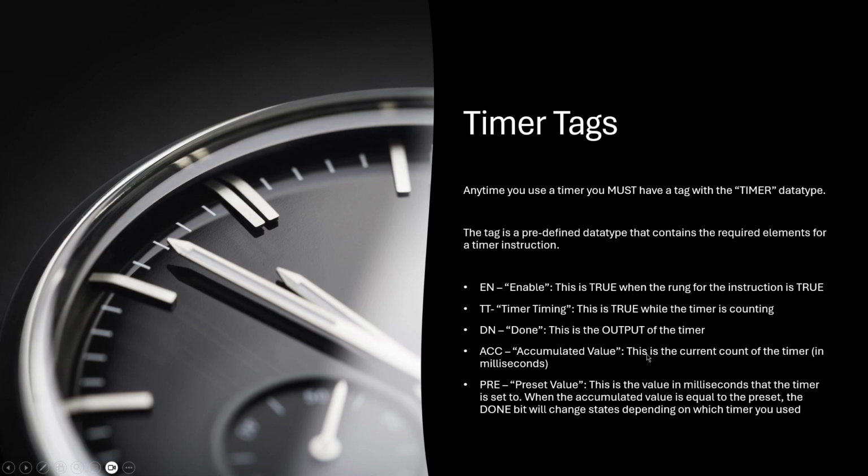Most of the time they do in Studio 5000, but the accumulated value is going to represent the timer's current elapsed time in milliseconds. And when we say milliseconds, that means for every 1 second there are 1,000 milliseconds. So whatever time you want to set the timer to is going to always be in milliseconds.